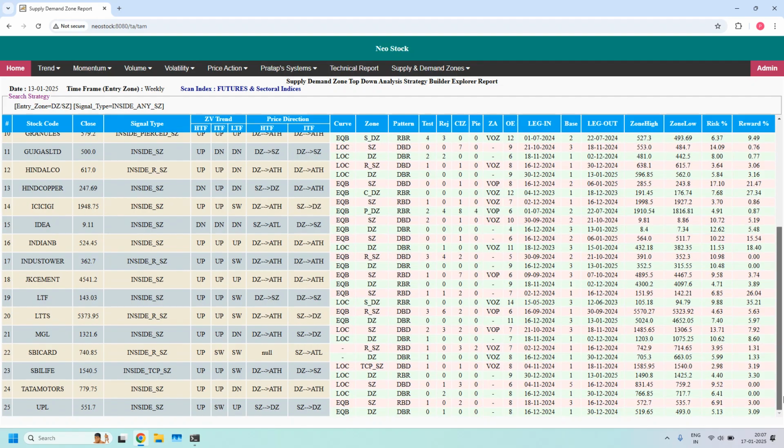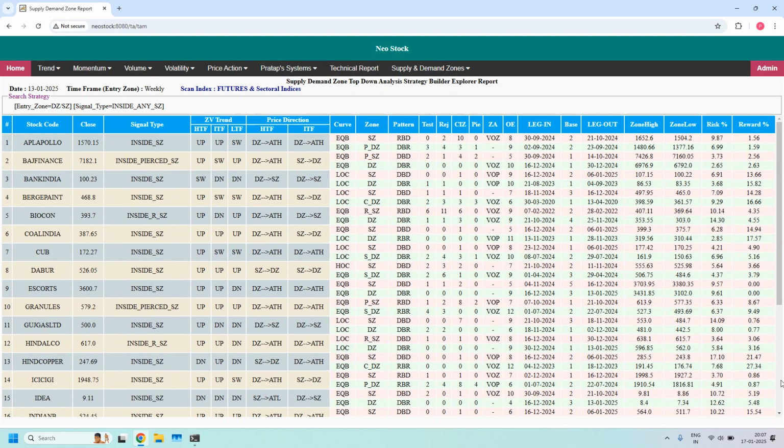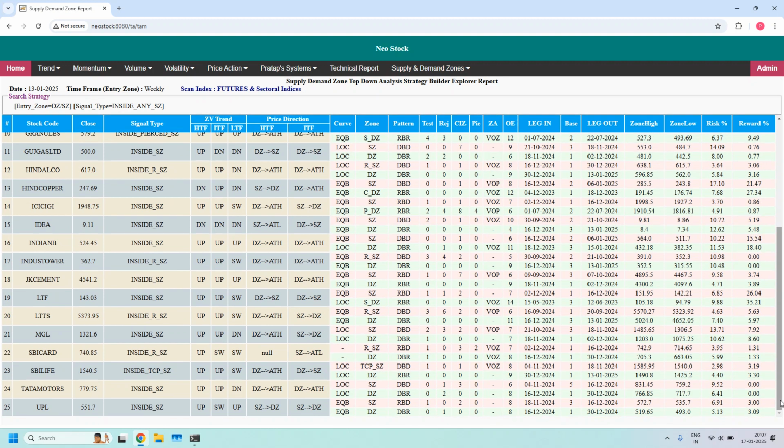We got 25 stocks. So the first 15 stocks in the list. Scrolling the list down. So total 25 stocks are filtered where price closed inside the weekly supply zone.